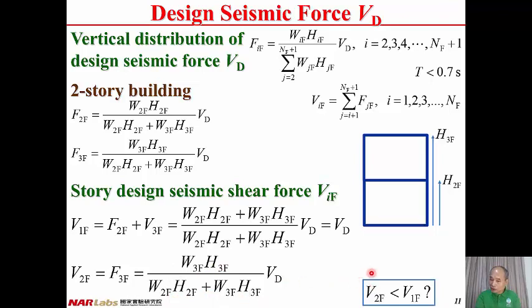And this is my question here: is V2F always less than V1F? Is the story seismic shear force at the second floor always less than that at the first floor? That's my question for all of you.